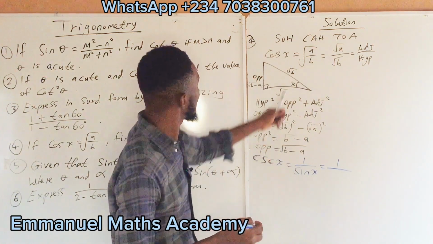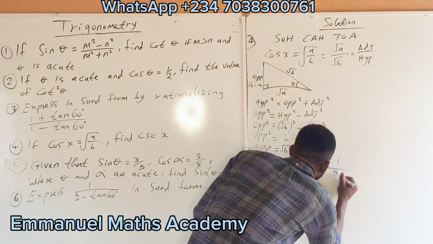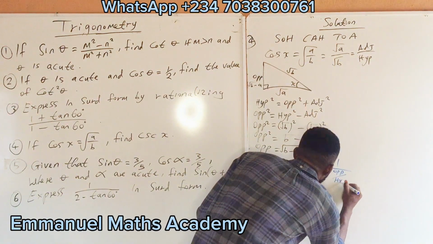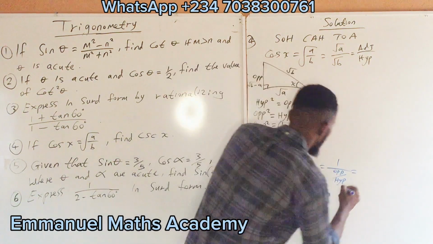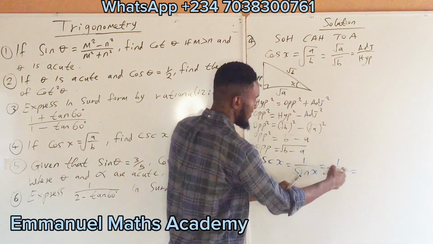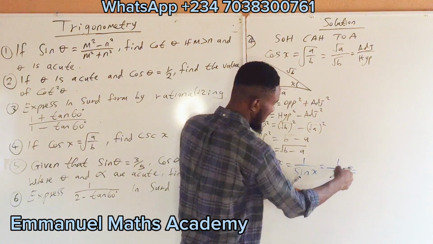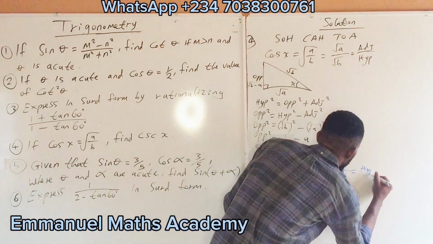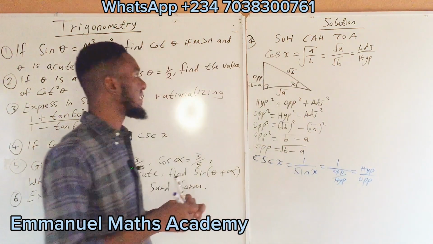Sine x from the SOHCAHTOA is opposite over hypotenuse, right? This is now equal to what? This one will come to this side, because if this should divide this and you do your solving, you get hypotenuse over opposite. Is that clear?